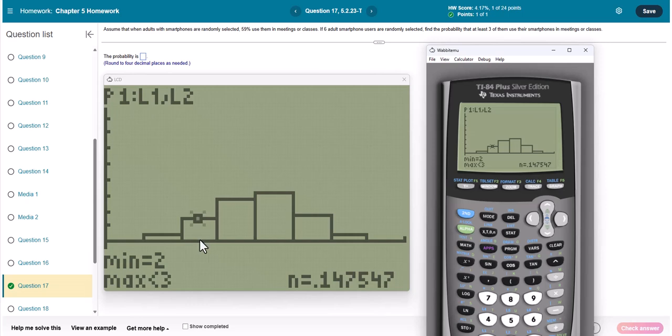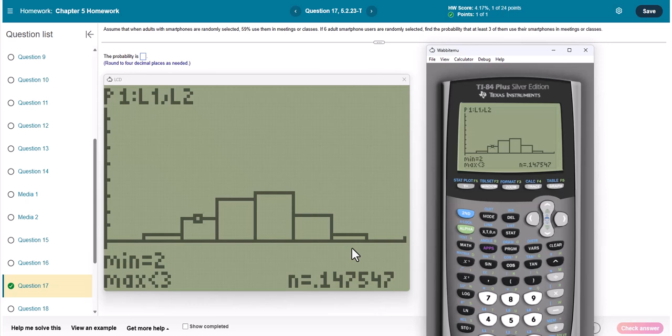That will leave us with the probability of 3, 4, 5, or 6. So that's the plan.